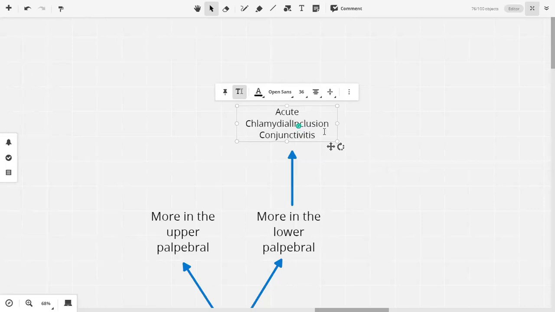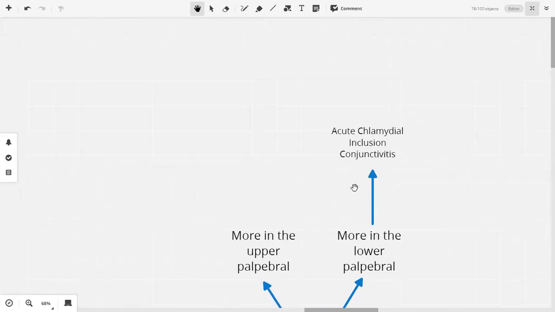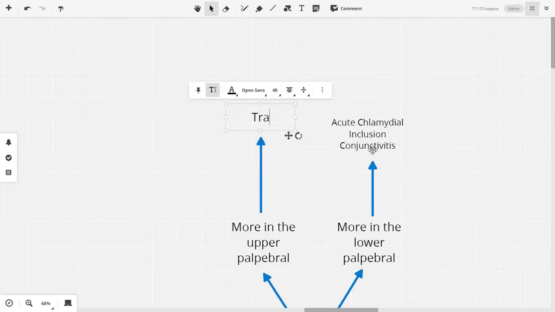So if they are more in the lower palpebral conjunctiva, our diagnosis is acute chlamydial inclusion conjunctivitis. And if they are more in the upper palpebral conjunctiva, then our diagnosis is trachoma.